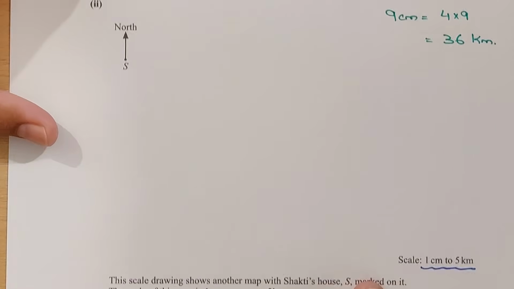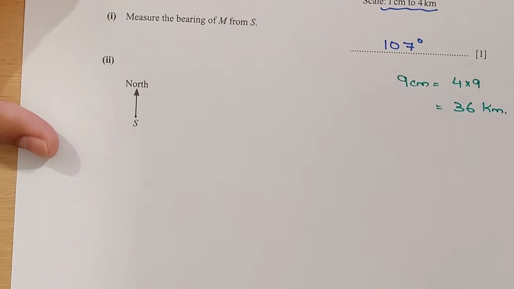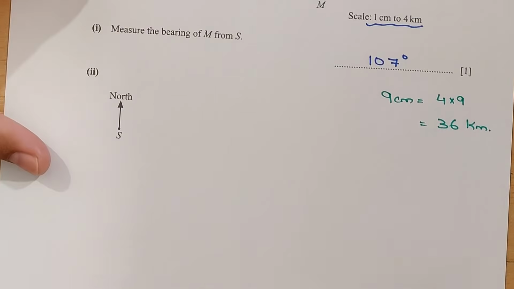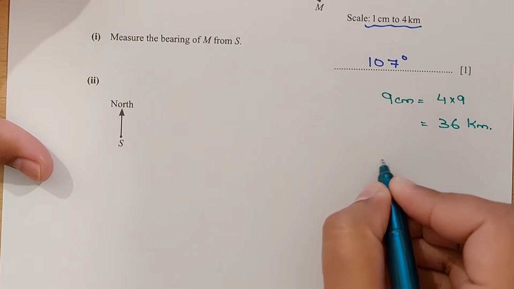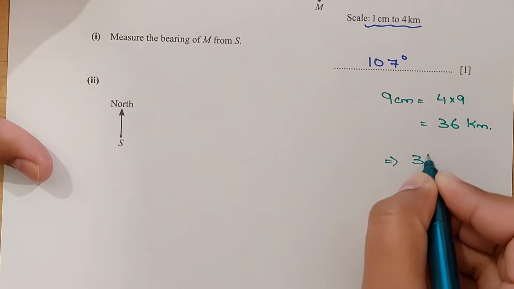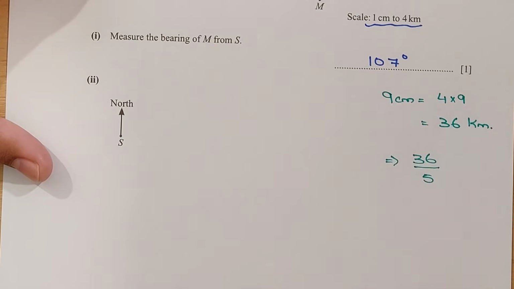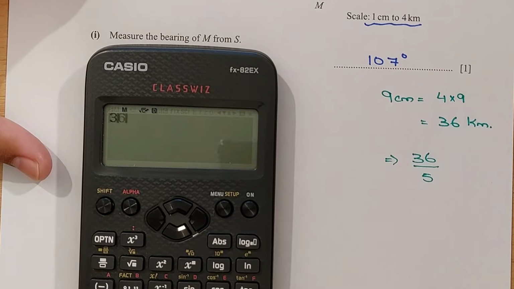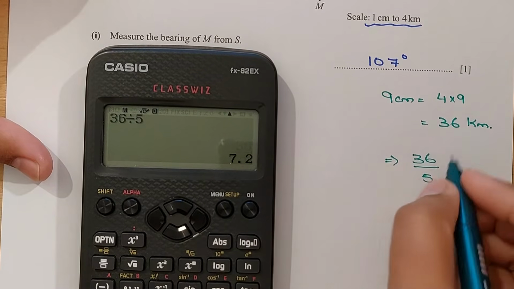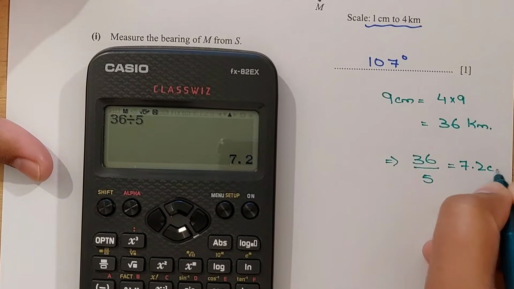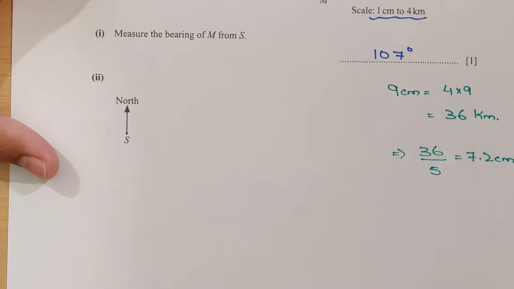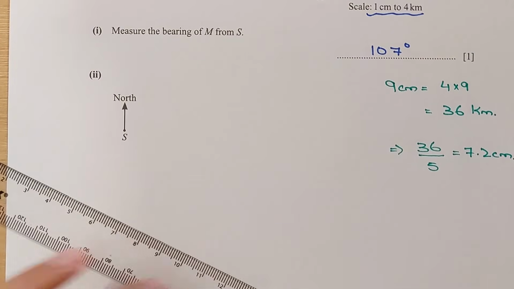Right, and here we have a scale of 5 kilometers, so we need to find how much in terms of centimeters. So we can do 36 kilometers over 5 kilometers. So that is 36 divided by 5, that is 7.2 centimeters, the distance between the two houses.